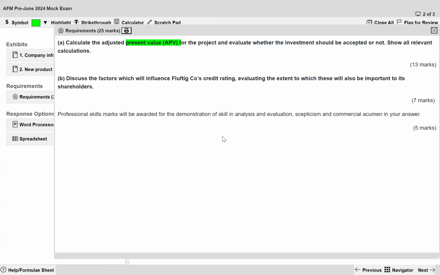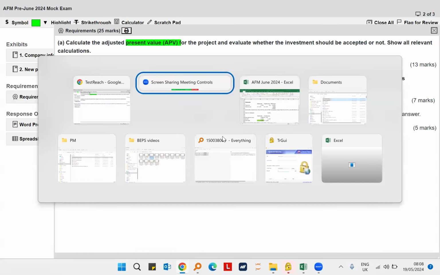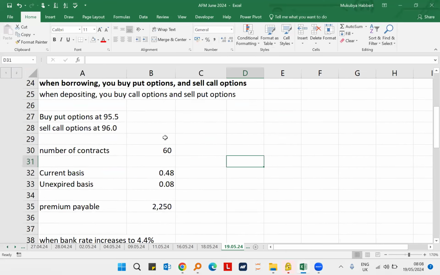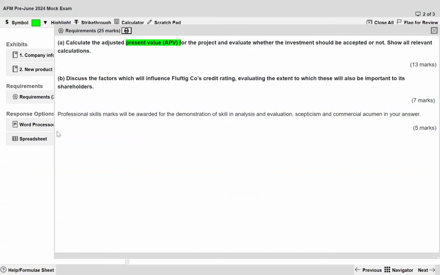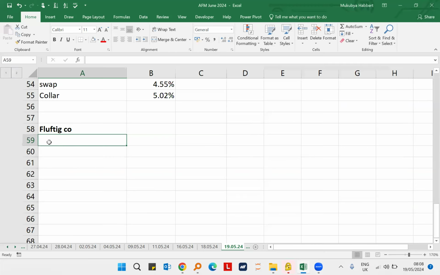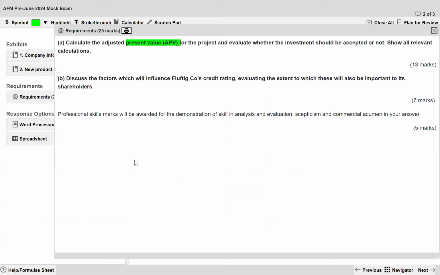So this question is called Flatfig. So what we are going to be looking at as part of Flatfig is the APV.